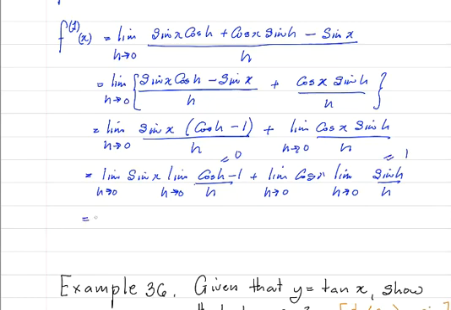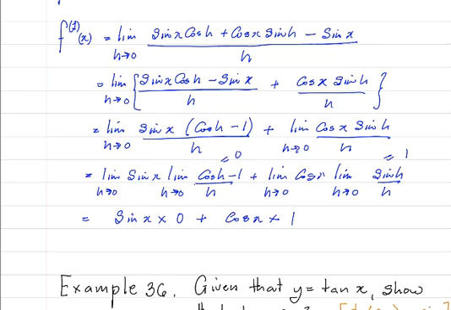So what we have here is sine x multiplied by 0 plus cosine x multiplied by 1, because the limit of cosine x as h approaches 0 is cosine x.